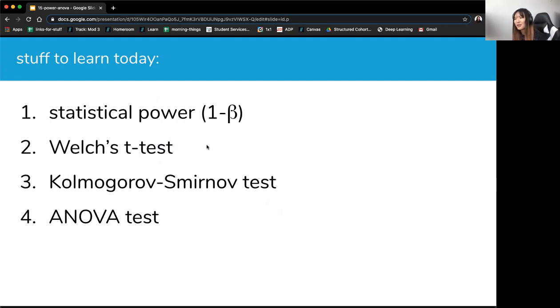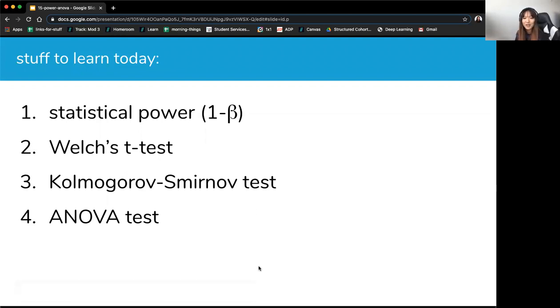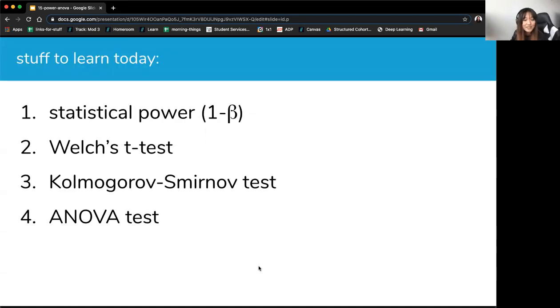We're also at some point in this slide deck going to summarize all of the statistical tests that we've seen so far, followed by the Kolmogorov-Smirnov test, which is another test that is useful for us, as well as an ANOVA test. So I'm not sure why they called this section ANOVA, even though it's just one of the many tests covered in this section.